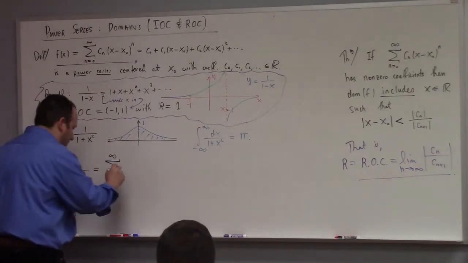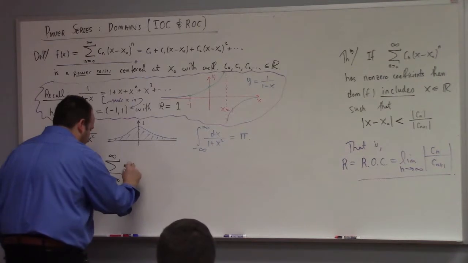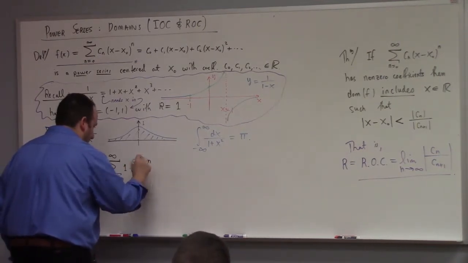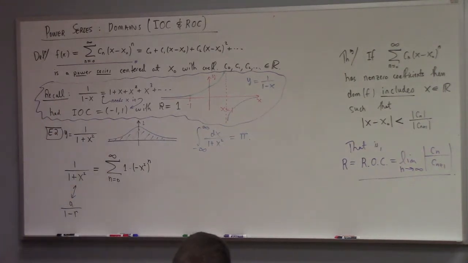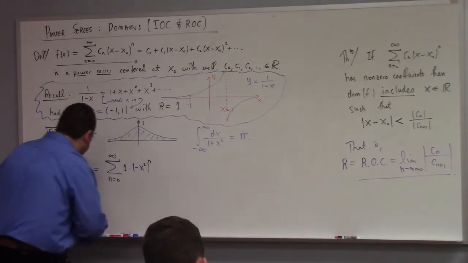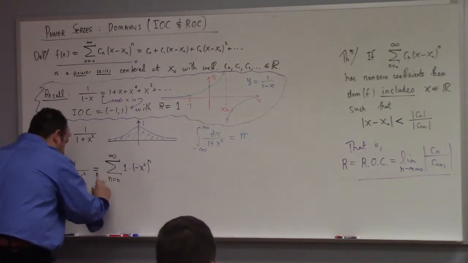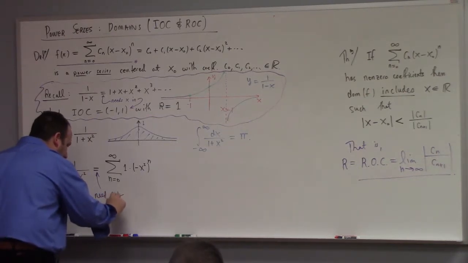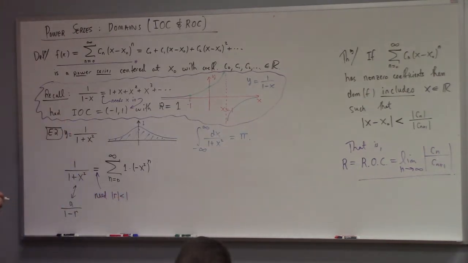So we've got 1 times minus x squared to the power n. And that equality assumes what? We need the absolute value of r to be less than 1, right? That's where the geometric series converges.